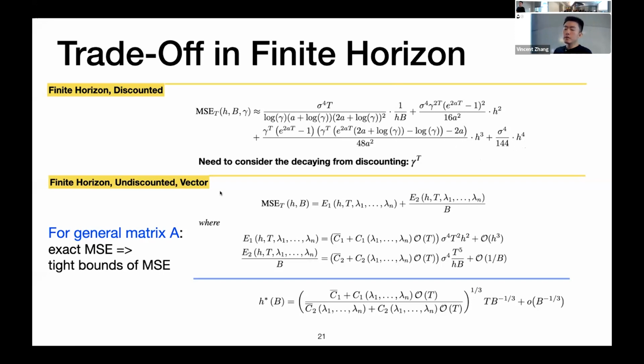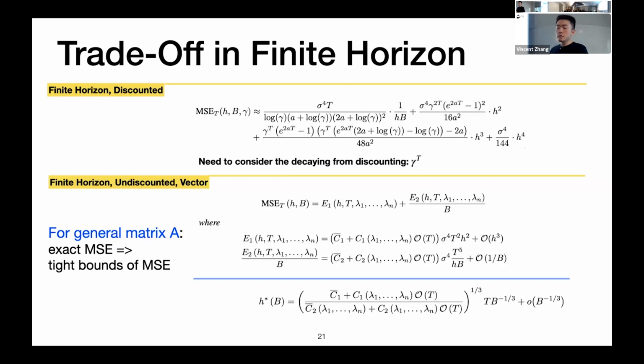And extending to the vector case is a bit more cumbersome, but it's again doable, and you end up getting some order on H and B that looks the same, right? And the constant, of course, is now more complicated. It depends on the eigenvalues of the system parameters.